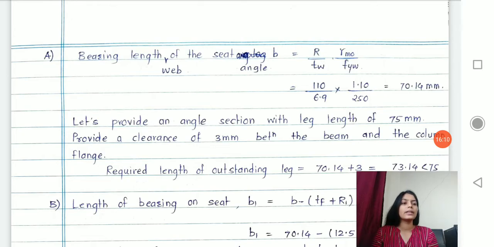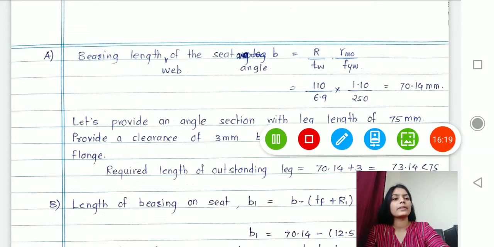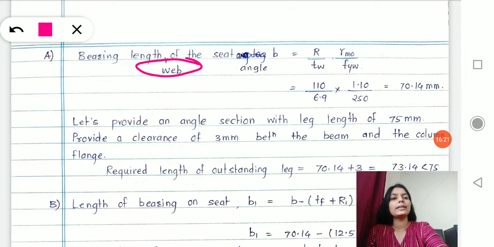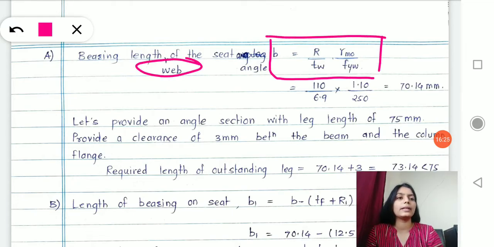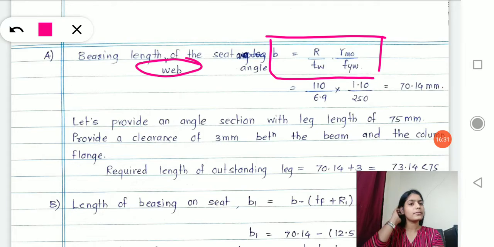See, first is the bearing length of web of your seat angle, web of seat. So how to calculate the bearing length of web? We know b is equal to R divided by thickness of web into gamma m0 divided by fyw. For this calculation, you just need to put in the values.